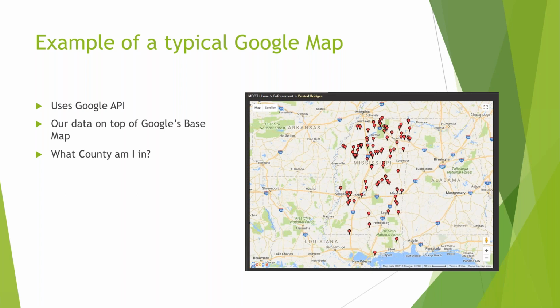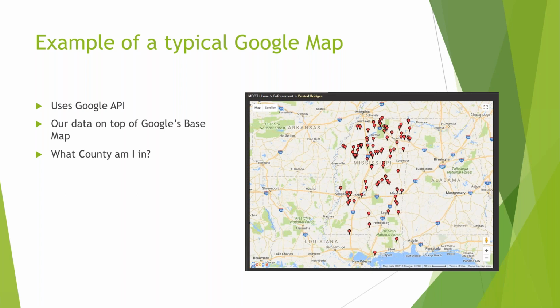You're stuck with Google's base map. You're not being able to use any of the underlying data that MDOT has, for instance, like a county feature. Early on, when Google was publishing maps, the API for that was really hard and almost impossible to get a county representation of Mississippi.